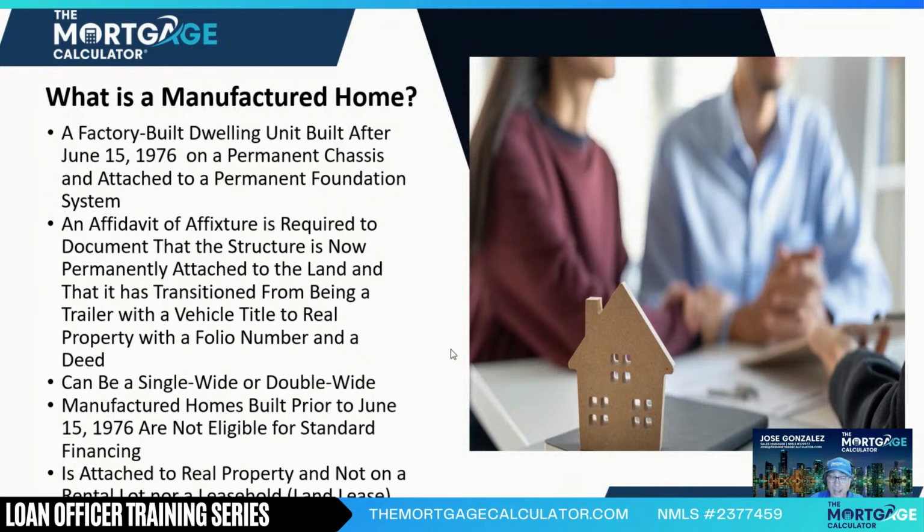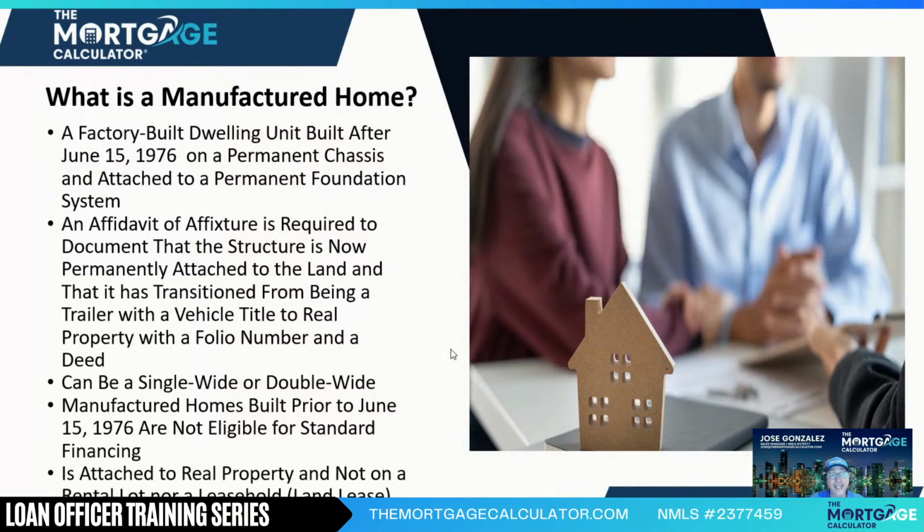And also, a manufactured home is not a modular home. If you're confusing a manufactured home with a modular home, you're leaving money on the table because a modular home is going to be underwritten the same way as a stick built, as they like to say, or site built home.